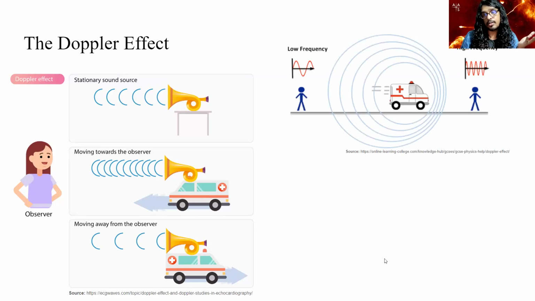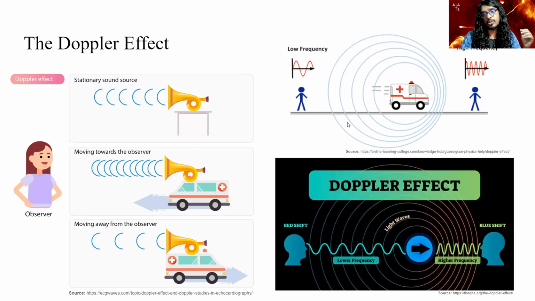And something very similar happens with light. As you can see with the sound wave fronts, you can see how they're squished together and how they are spread apart. And something very, very similar happens with light waves. You can think of them as being squished together or being stretched out.